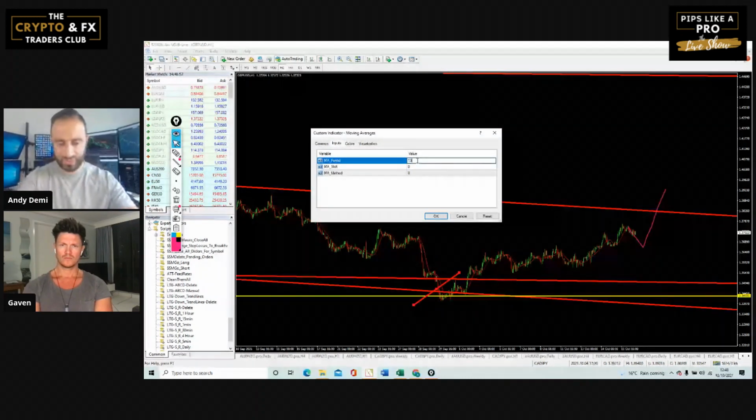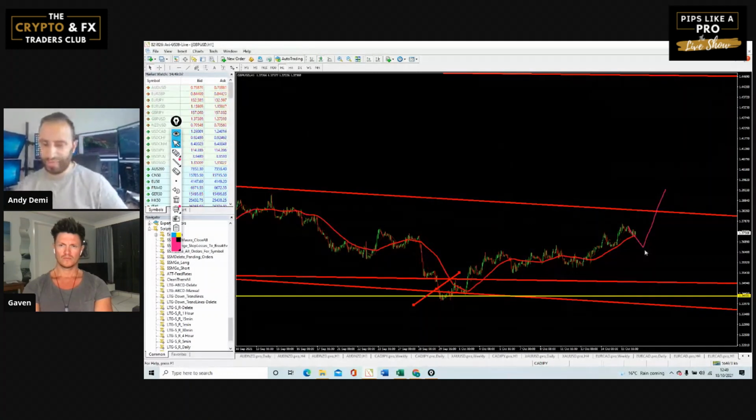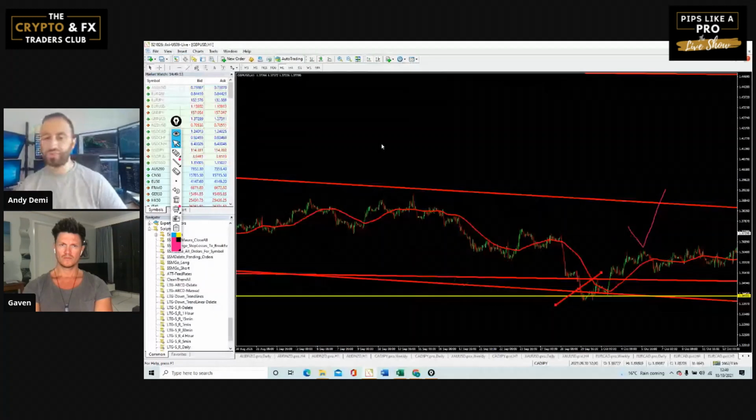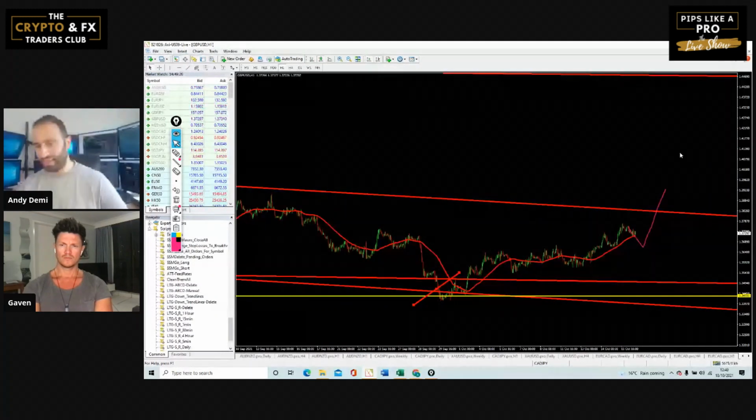Let's change that to 50 and make it a bit thicker. So that's the 50 moving average. You can see the market's there right now. And then I would also add in the 21 and the 200. You can use those as a point of support to buy in that direction.